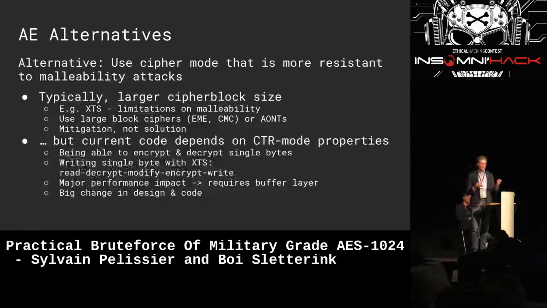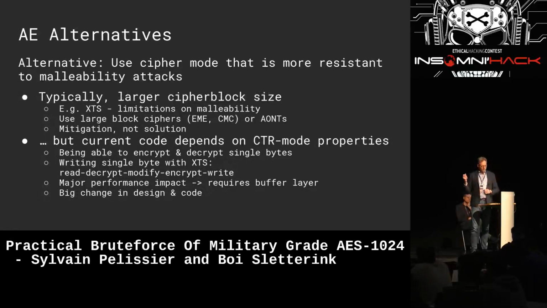And these blocks are usually, in our case, 128 bits, right? Because it's AES. So that's like 16 bytes. Yeah, that sounds nice. But again, this doesn't really work with our code, because our code expects to be able to encrypt and decrypt single bytes.